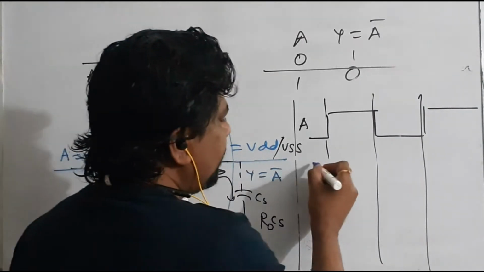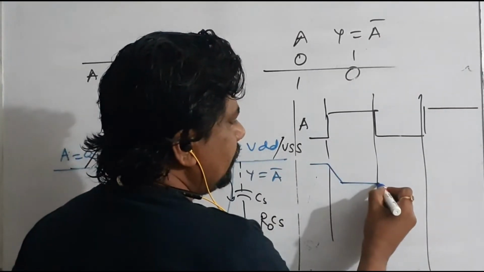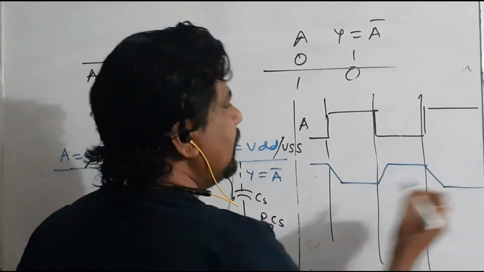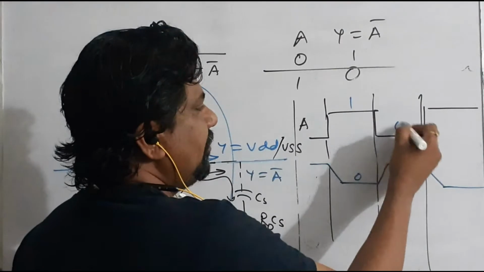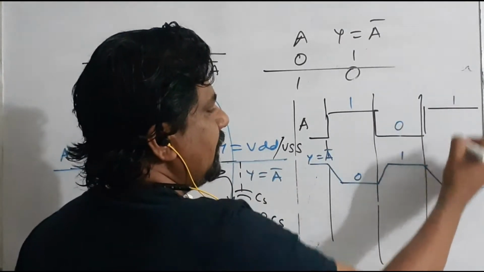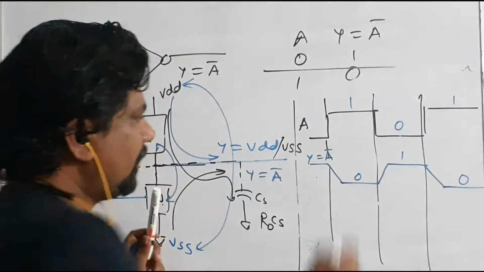I will get output like this. For 1, I will get 0. For 0, I will get 1. For 1, I will get 0.